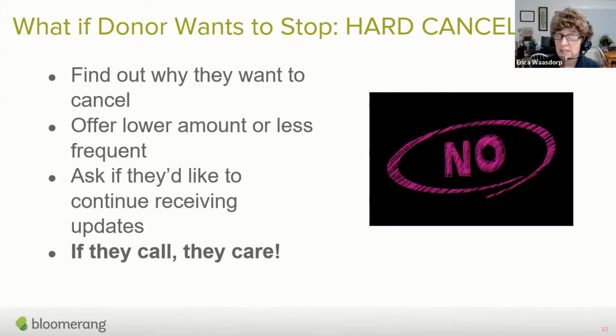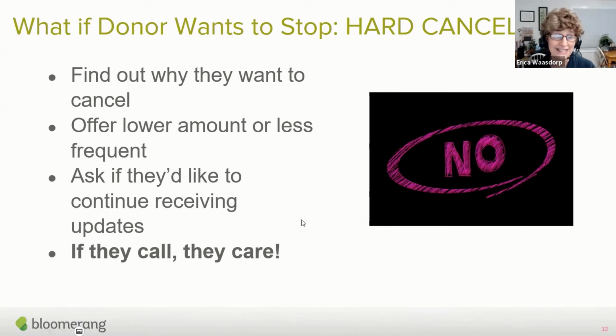Maybe if they have a monthly gift, maybe they want to go to quarterly. Maybe they want to go on a pause and say, can I contact you in 6 months or a year when your situation might have changed? So the fact that the donor calls you is an indicator that they care. It's almost like they want to give you the option to talk them out of it, right? So just consider that as an opportunity.